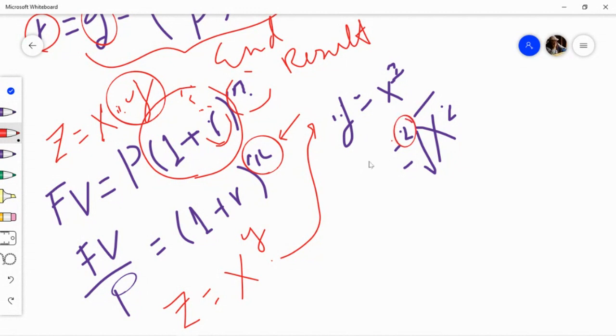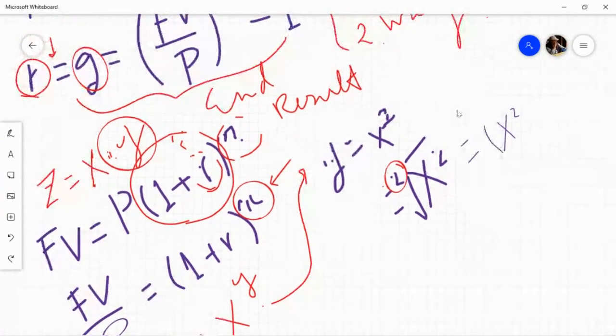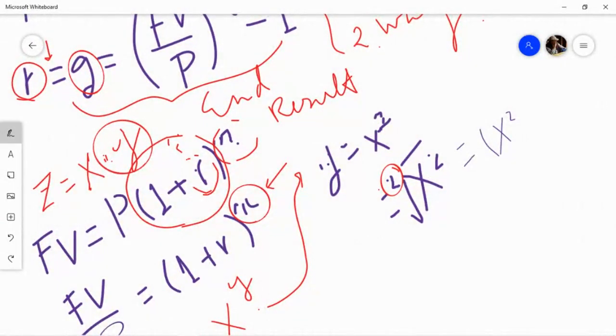And then taking the square root is the same thing as, another way of writing it, x squared raised to 1 over x. Okay?